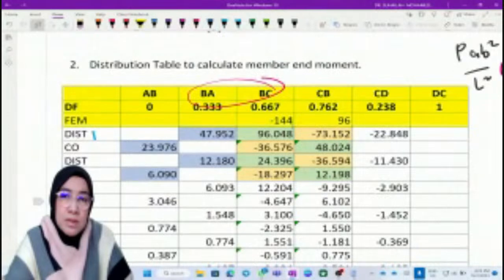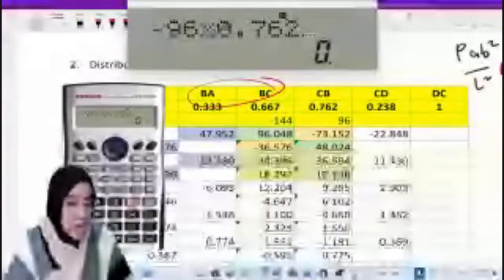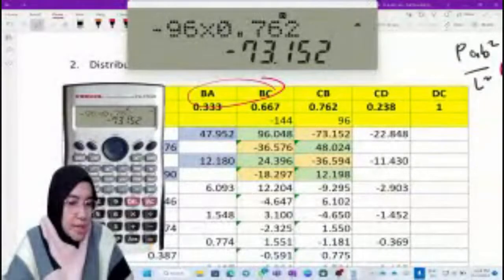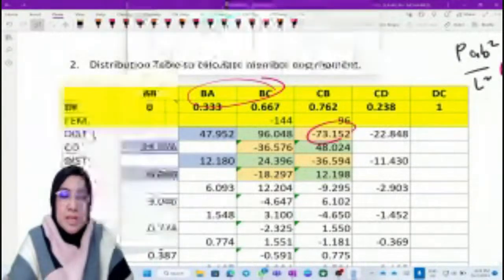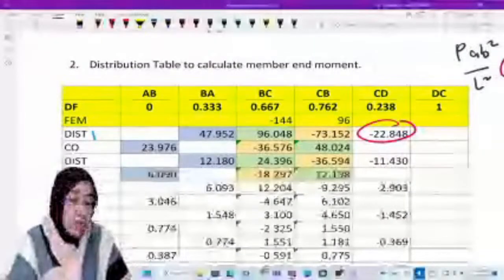So the moment is multiplied with the distribution factor of 0.762. So we get negative 73.152 and 22.848.